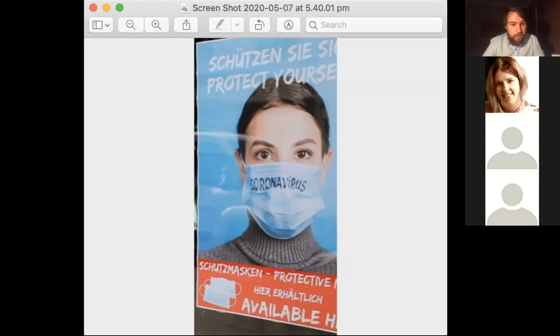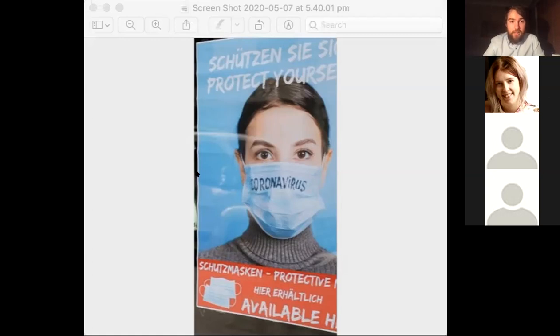Sorry, I've missed something in the chat there. So false representation under Section 29 as well. Yeah, potentially. So the representation that this will stop you from getting coronavirus.